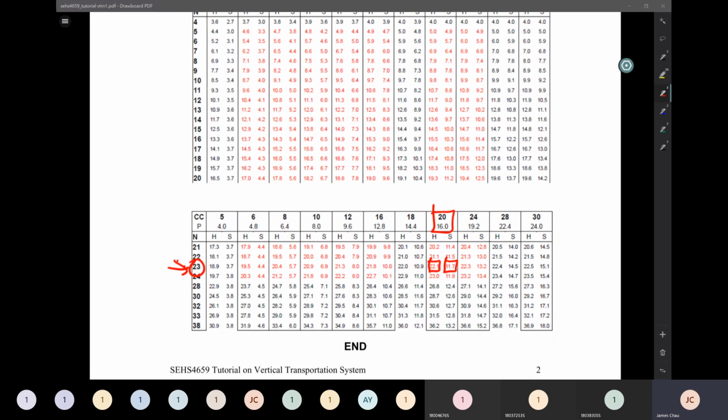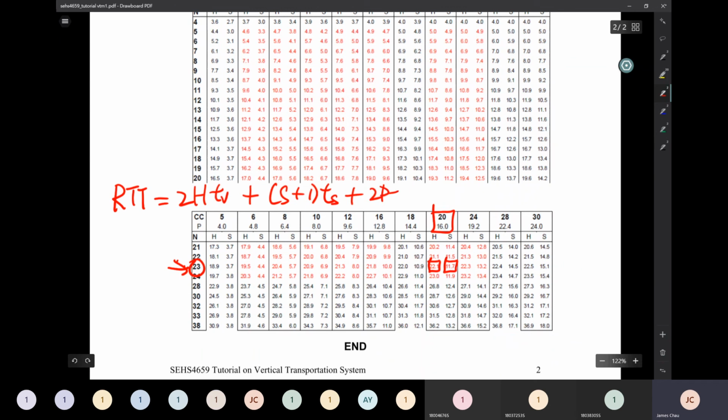Okay, and now if we are going to apply the up peak analysis, we first calculate the RTT. The equation provided to you is RTT equals 2 times (2H times TV plus (S plus 1) TS plus 2P TP).